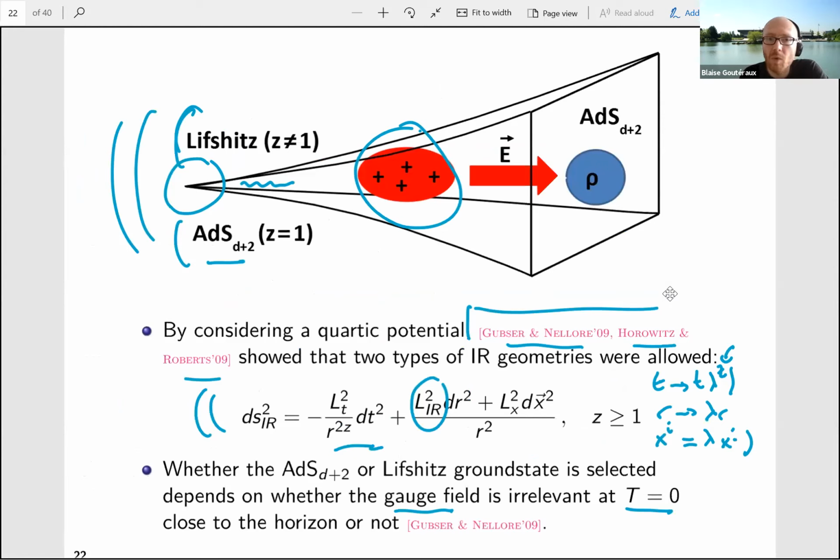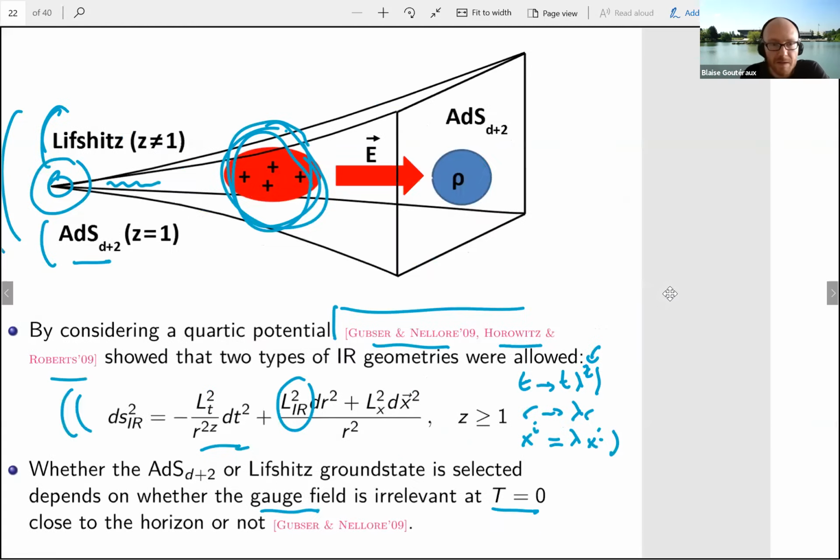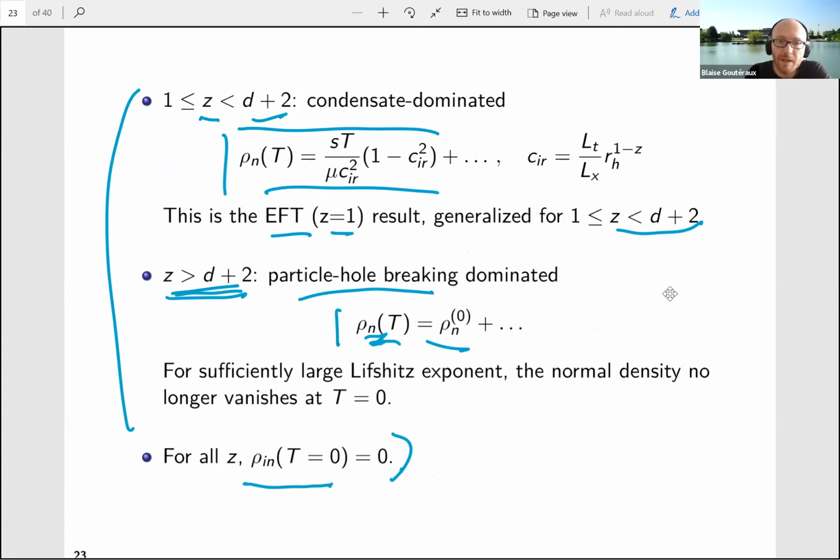So I'm always describing geometries where at zero temperature all of the charge has been expelled from the horizon and everything sits in the condensate. You might think of these as systems where all the charge carriers condense at zero temperature. And yet, depending on the value of z, I can have a non-trivial normal charge at zero temperature, although all the charge is in the condensate. So this is just to say that these quantities, rho n and rho s, are not simply related to one another.